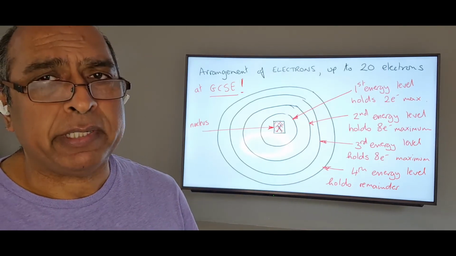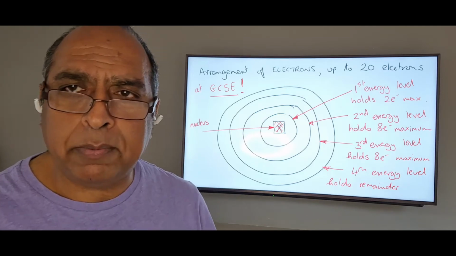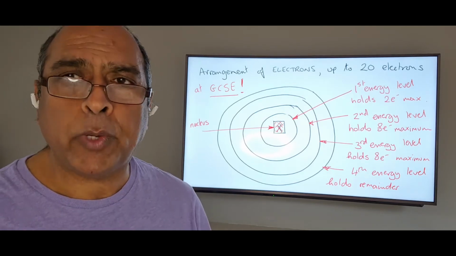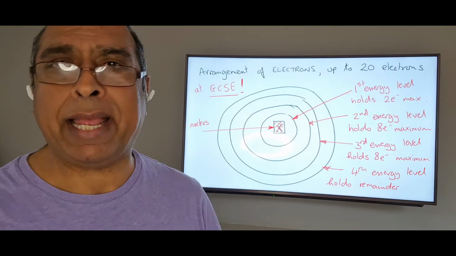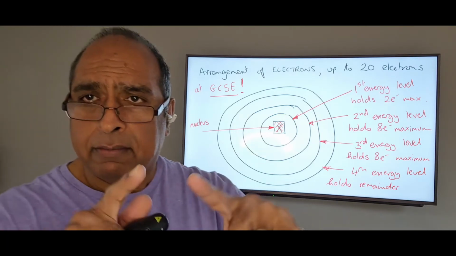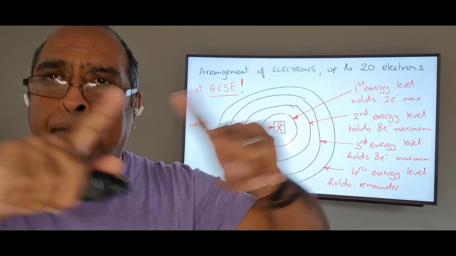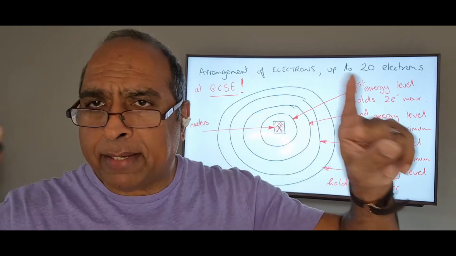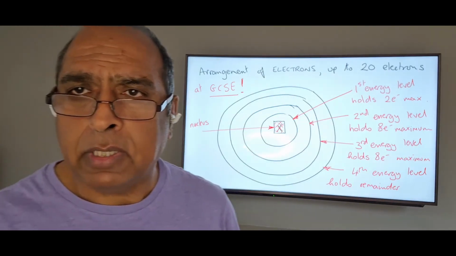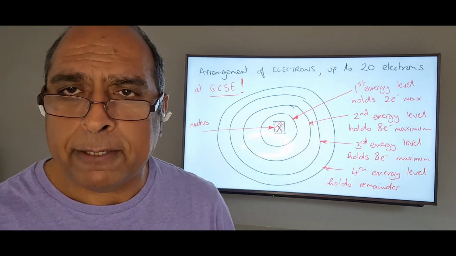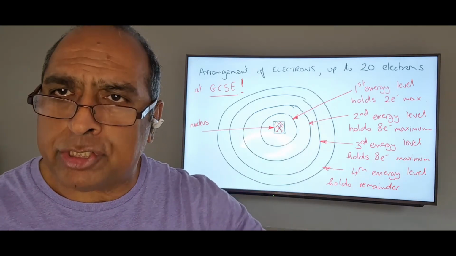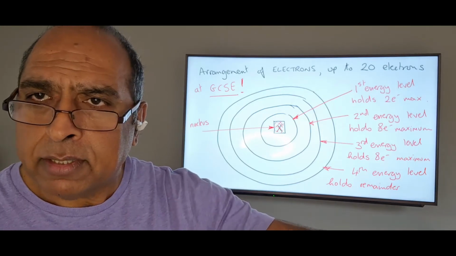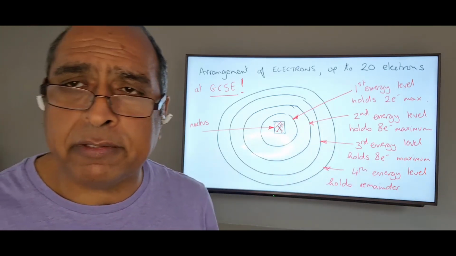Practice drawing these, please. You need to be able to draw the first 20 elements, atoms. And what I would like you to do now is to get a blank sheet of paper, hopefully a blank periodic table layout sheet of paper, and on each position, like where lithium is, in the box, I want you to draw an atom of lithium.